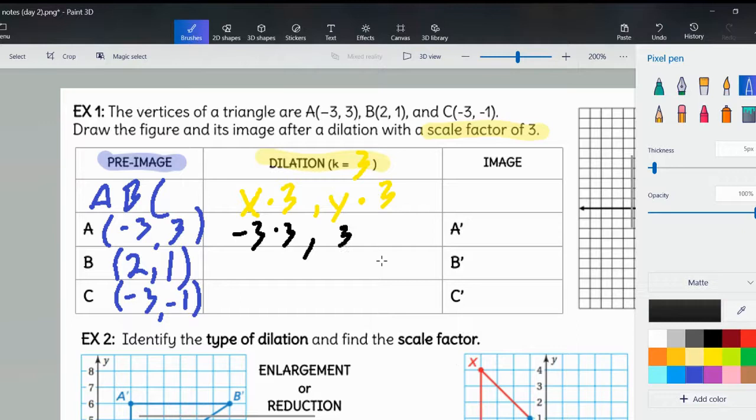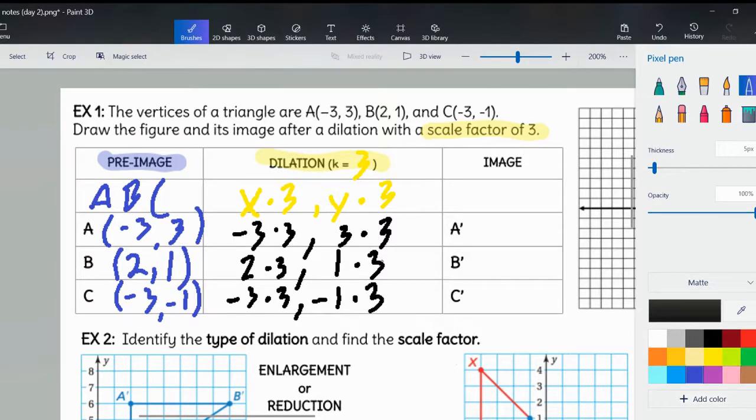Then our Y value is 3. We're going to multiply that by 3. Our X value for this one is 2. Multiply that by 3 to get our new one. Then 1 times 3. -3 times 3. -1 times 3. And that'll give us our new points for our image.